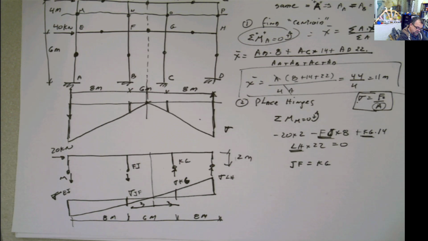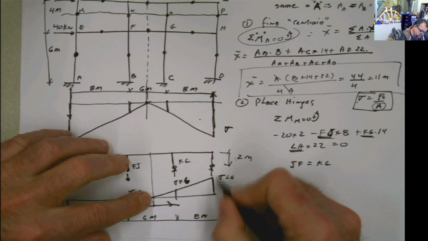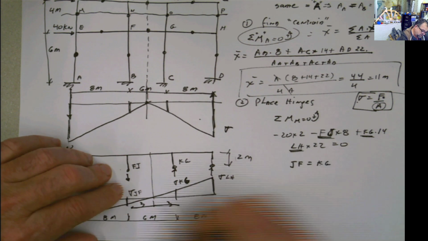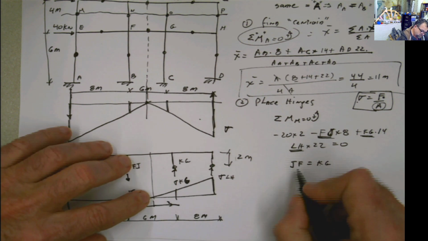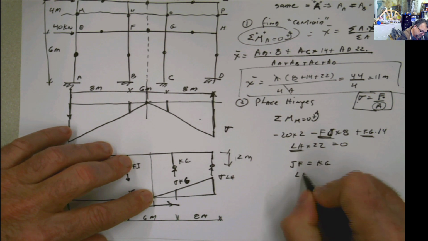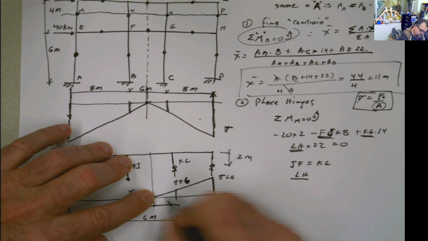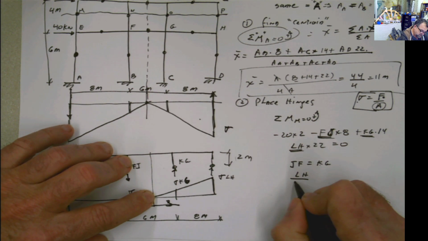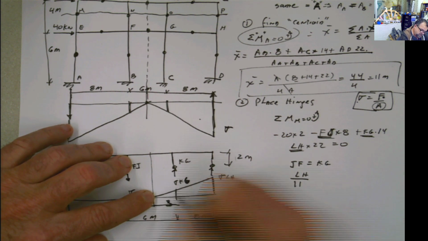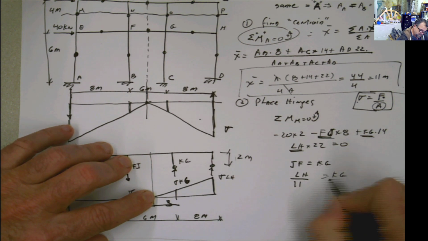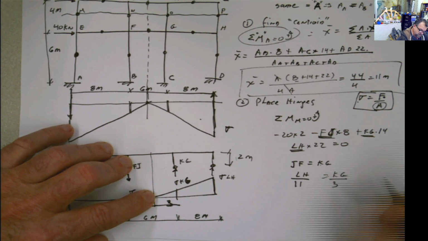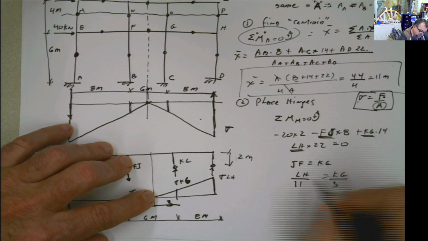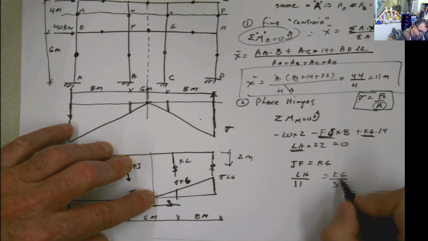And then if you have that, we can also calculate LH in terms of KG, which is the same as JF. So if I say, for example, that LH divided by this distance, how much is that distance? 8 plus 3 is 11, as KG is 3, then we can calculate LH in terms of KG.